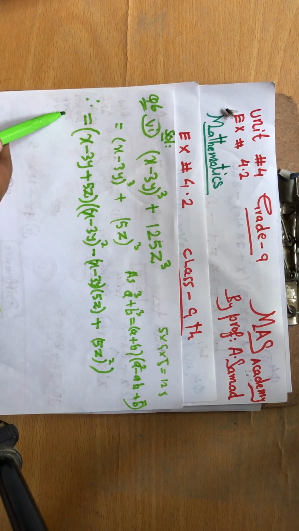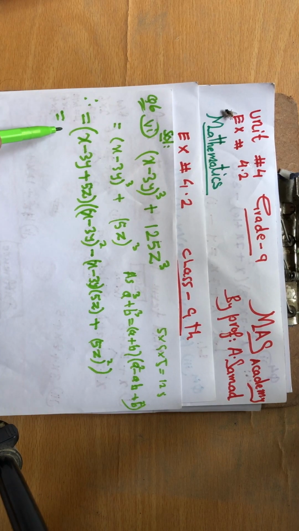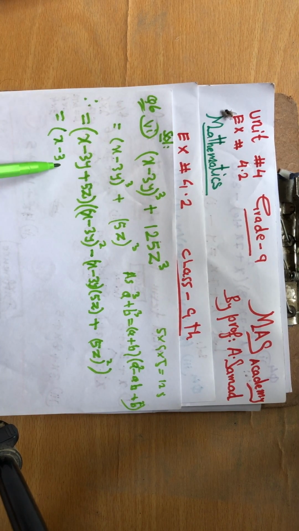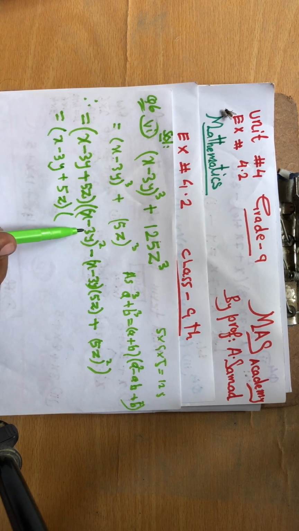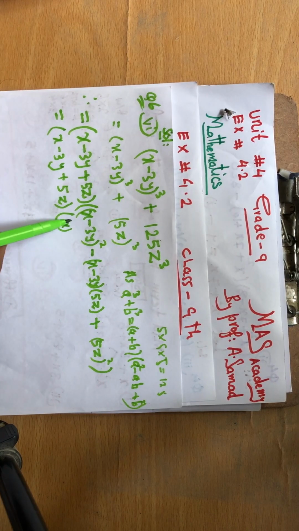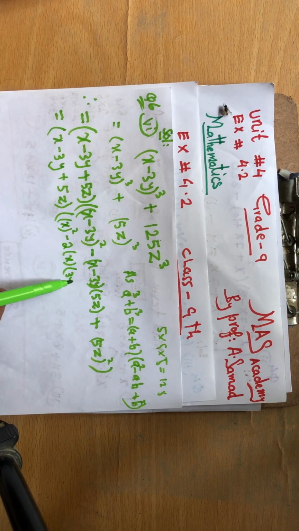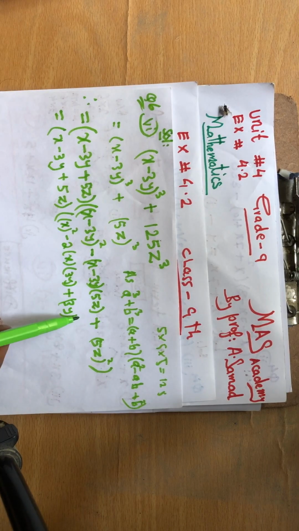After that, next step, we write x minus 3y plus 5z. Then we are going to open the formula a minus b whole square, that is a square minus 2ab plus b square. It means plus 3y square is our b square.